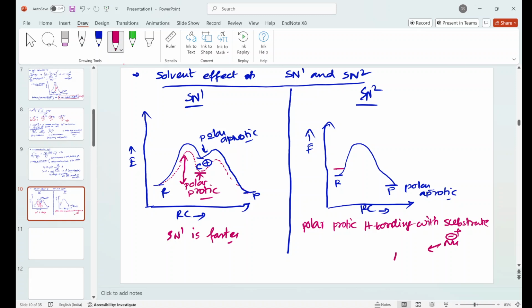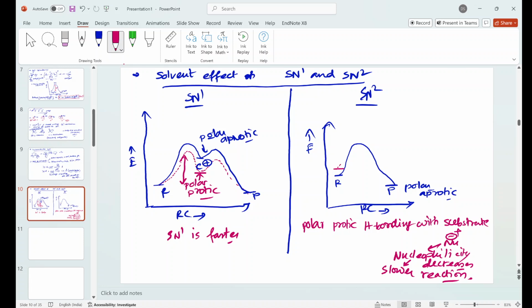Here, as a result, nucleophilicity decreases, so slower reaction.